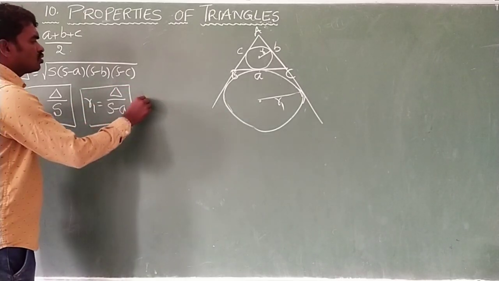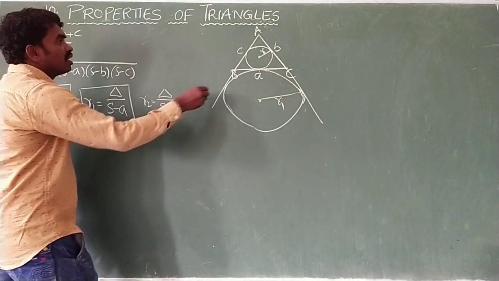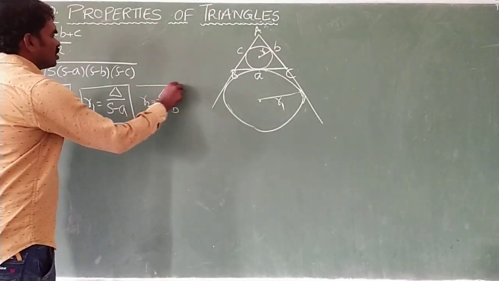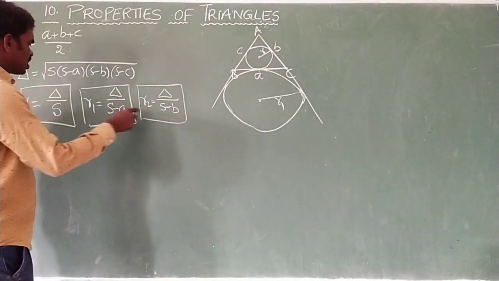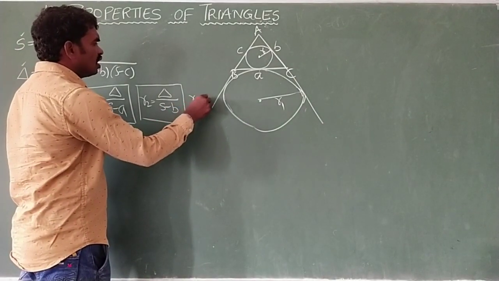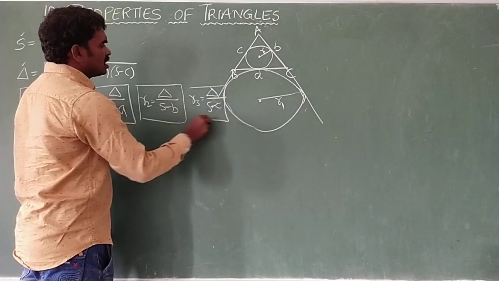Similarly, r2 equals delta by S minus b, for the second circle. No need to draw, I am just saying roughly, but these are very important formulas. What is the third one? r3 equals delta by S minus c.